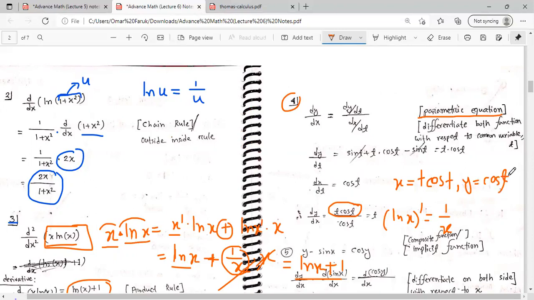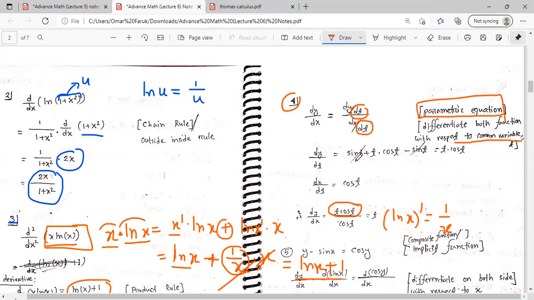This was in the question. You can see here we have two different functions, but they depend on the same variable t, right? So this is our parametric equation. We have to differentiate these two functions with respect to t, the common variable.